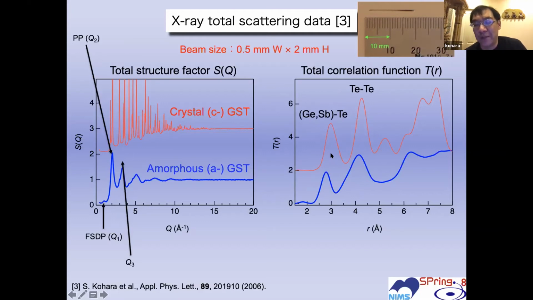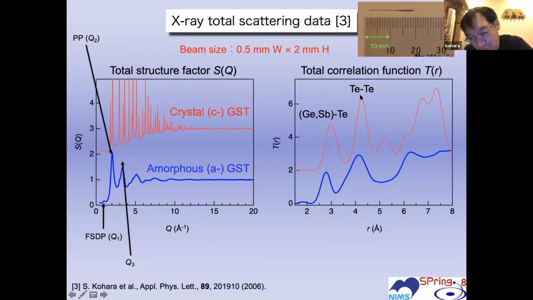And of course, germanium dioxide is not a fast phase change material, but unfortunately, we cannot find any similarity in short range structure. There is no obvious signature for rapid phase change.